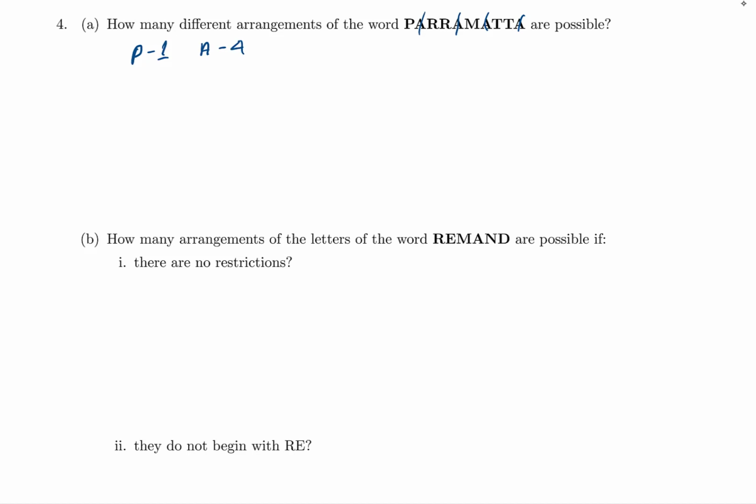And R, 1, 2, just 2, right? And we got P and M 1 and T 2, right? Then 4, 5, 6, 7, 8, 9, 10. 10 letters, right? 1, 2, 3, 4, 5, 6, 7, 8, 9, 10.